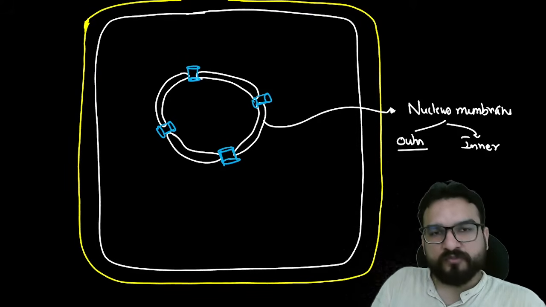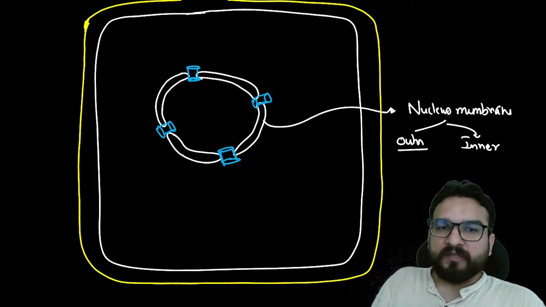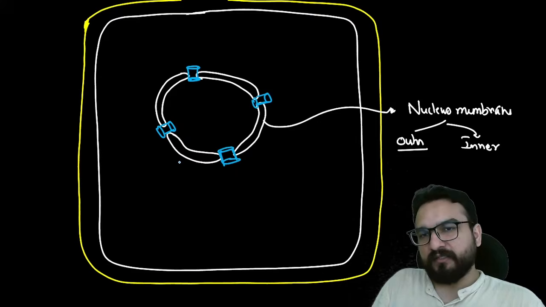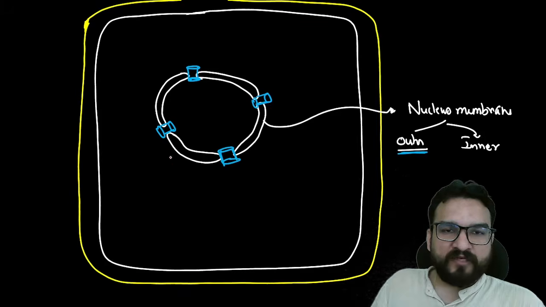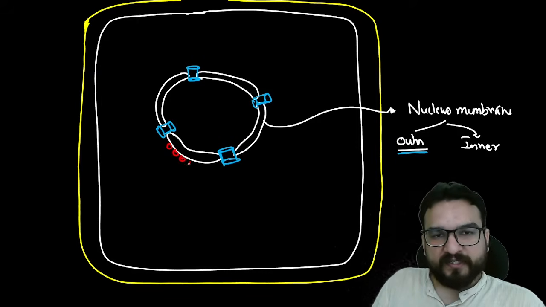These are protein pores you will be finding through which the materials will go out, basically transporting the material inside and outside it. ठीक है, on the outer surface of the nucleus membrane you will be finding that ribosomes will be attached.